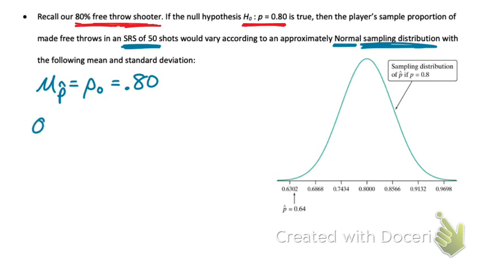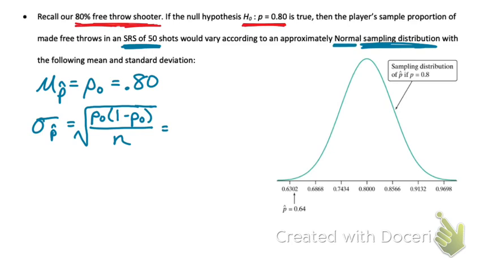What would his standard deviation of his sample proportions of hit shots be? Well, you know a formula, don't you? Square root of p naught times 1 minus p naught divided by the sample size. Doesn't that look kind of familiar? Kind of looks like the p hat, 1 minus p hat over n from sampling distributions.